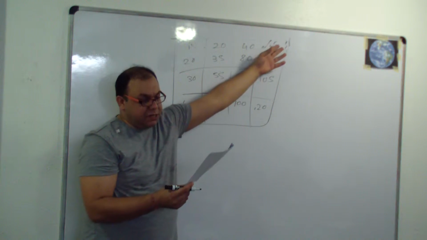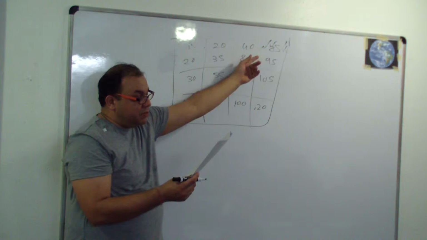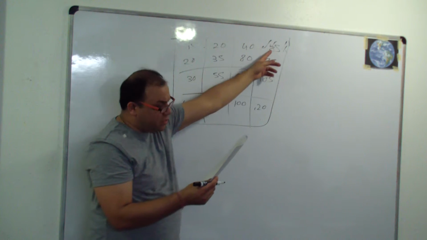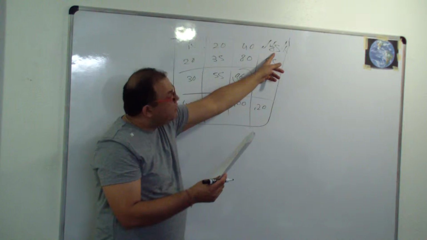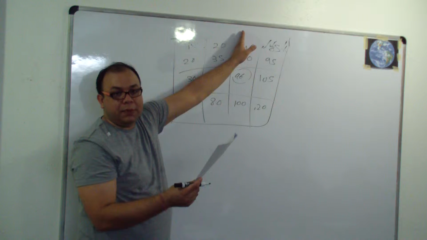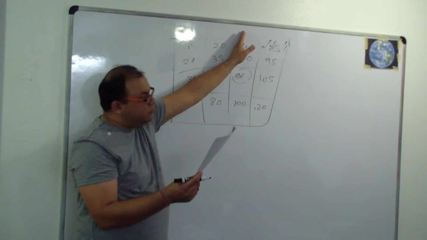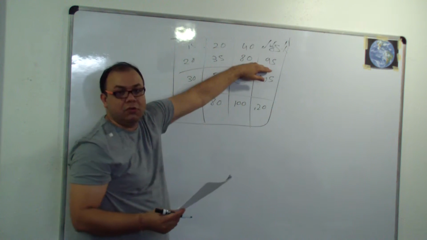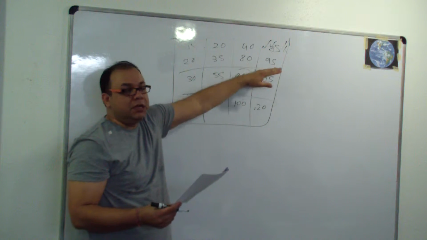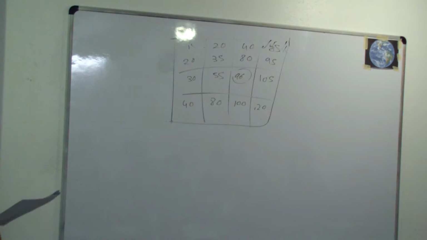If we find this element, we return true. Otherwise if this element is greater, we do a column minus minus, otherwise we go row plus plus, and that way we'll find it.